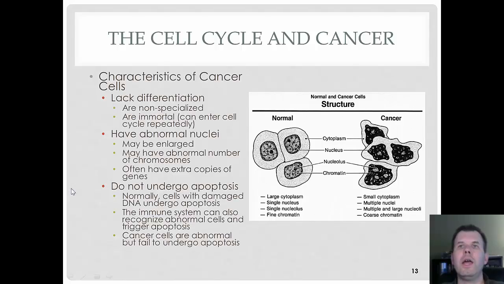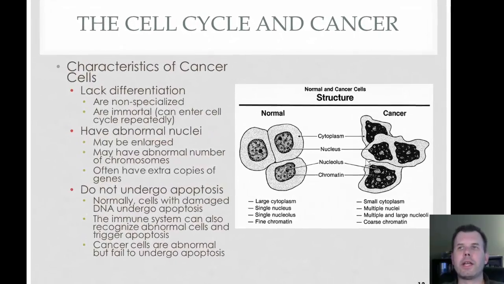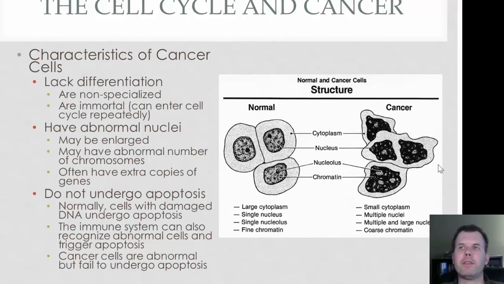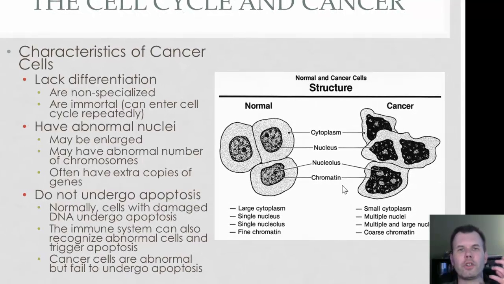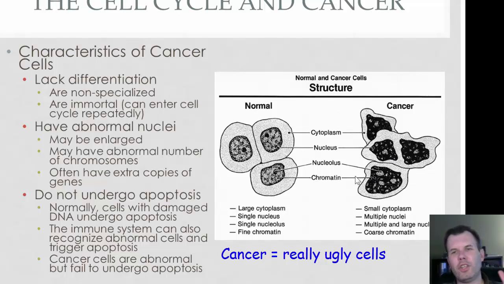All right. And so what do cancer cells look like? You can see here just by looking at this picture that cancer cells just look ugly. Here are your normal cells. They're nice and round. They have a beautiful nuclei. They differentiate into different things, but cancer cells are just ugly. They have these ugly looking nuclei, irregularly shaped. They may have multiple nuclei in the cell. They just don't look right.